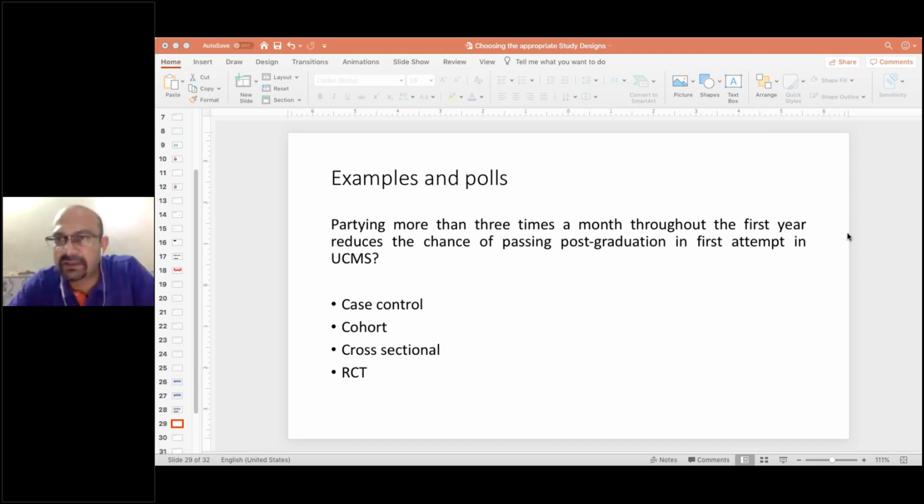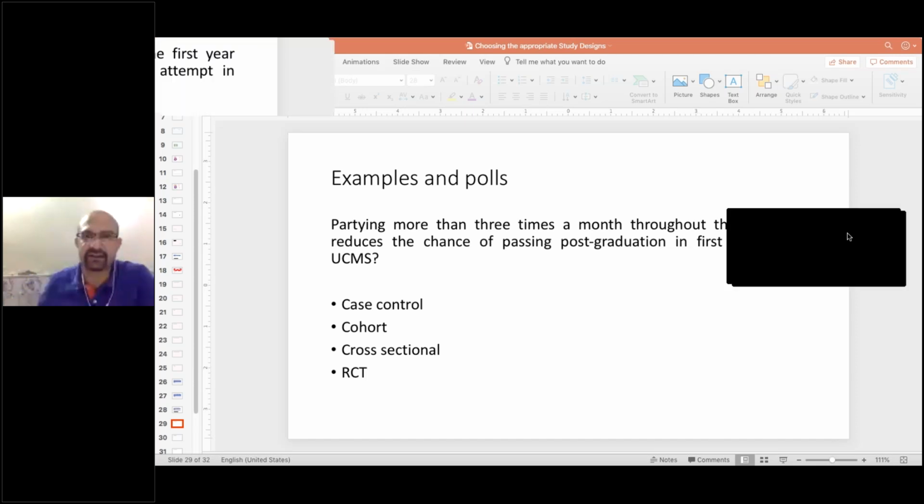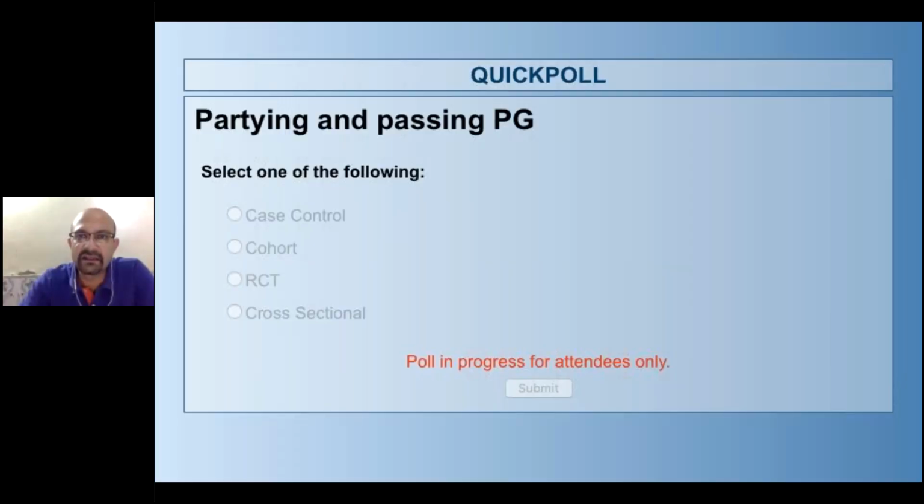The poll is coming up on your screens now. The question is that partying more than 3 times in a month in first year, has it got a better chance of getting passed in the first attempt in post-graduation? To answer this question, what would be the study design that you could use? Would it be a case control study?